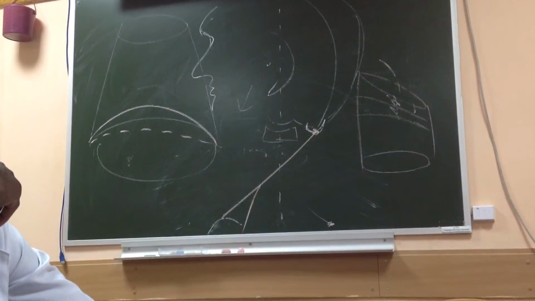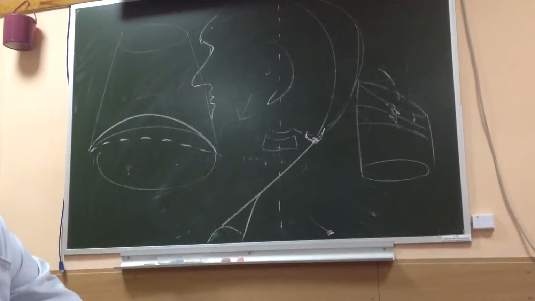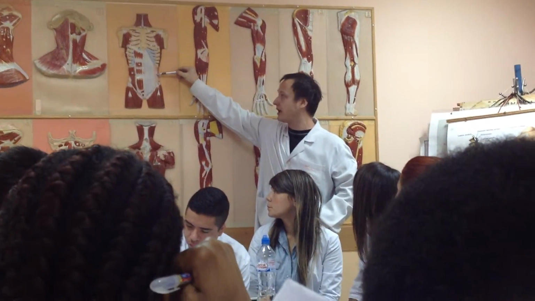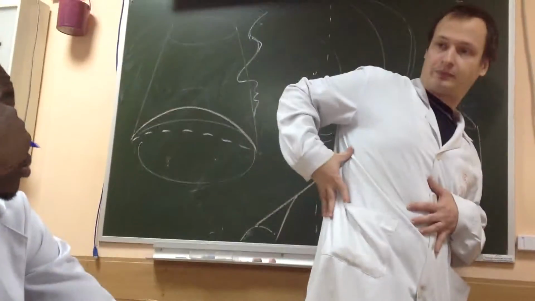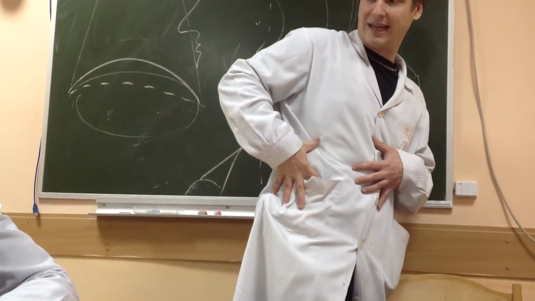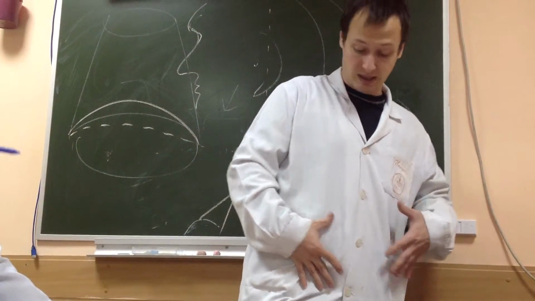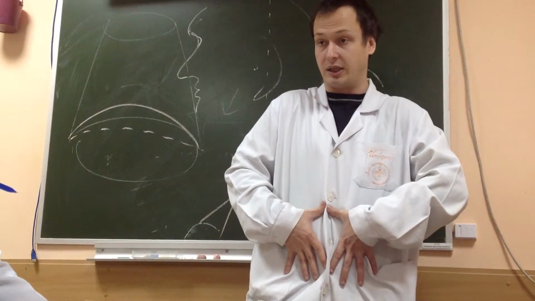For example, do you see the white line? That is the aponeurosis, the end of the transverse abdominal muscle. And the external oblique abdominal muscle begins from the ribs and comes to the iliac crest, pubic symphysis, and connects to the center.